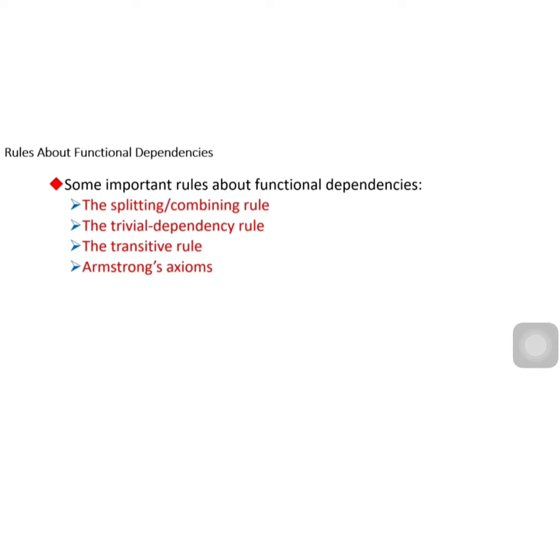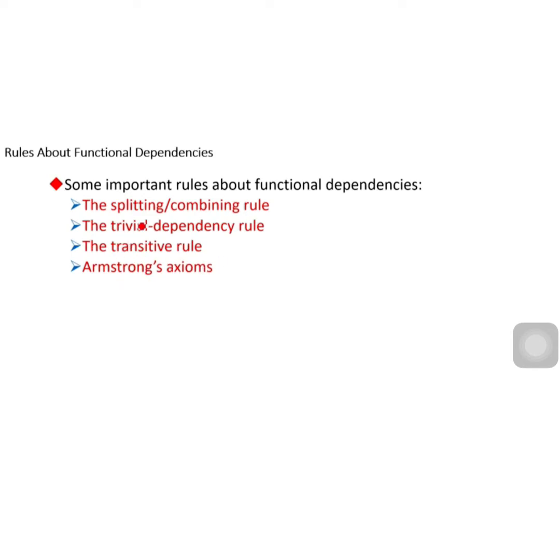And there are some important rules about functional dependencies, and based on these rules, we can find all the FDs in a relation based on some FDs. Let's review these rules.